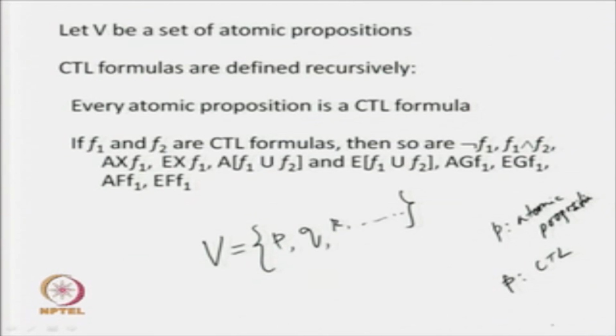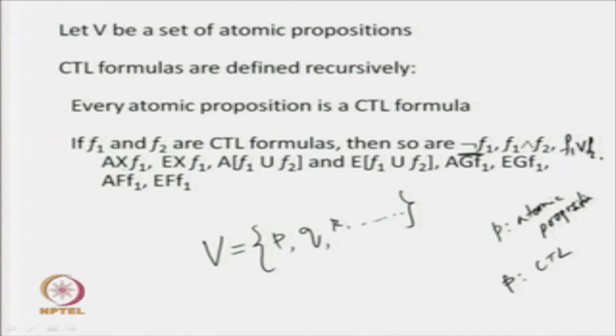Now, consider that we have two CTL formulas F1 and F2, because we are going to define it recursively. Then not F1 is also a CTL formula, F1 and F2 is also a CTL formula, and similarly F1 or F2 is also a CTL formula.